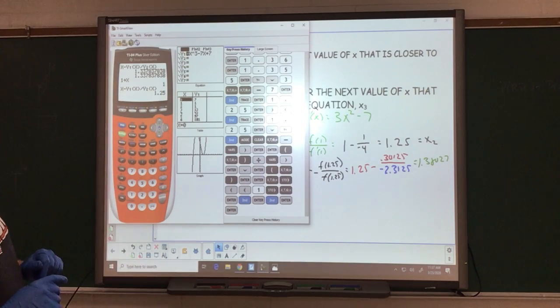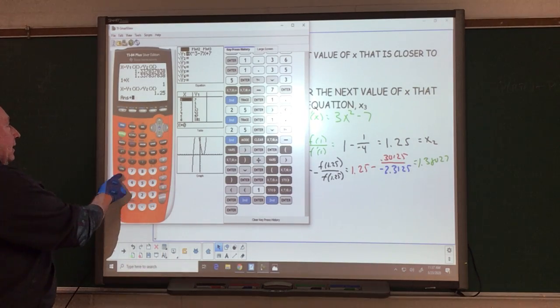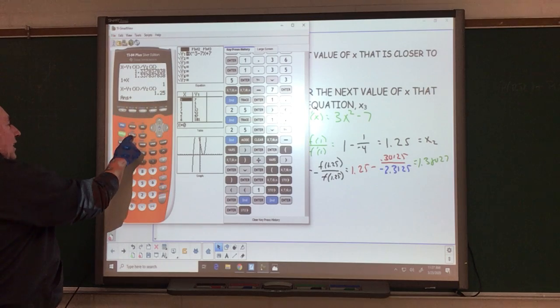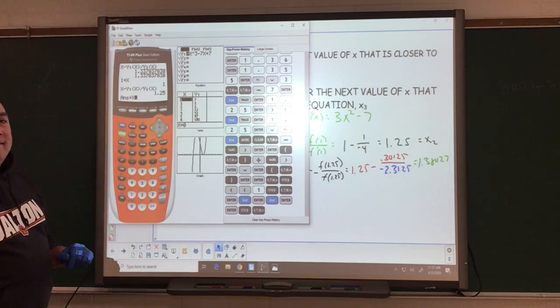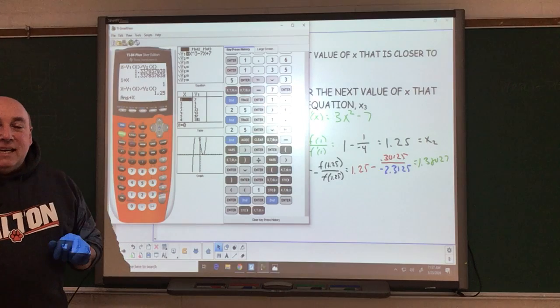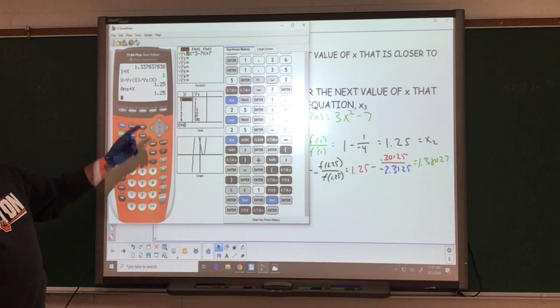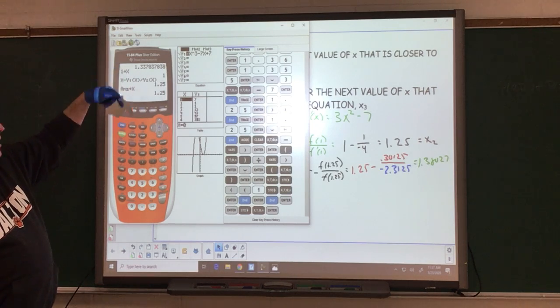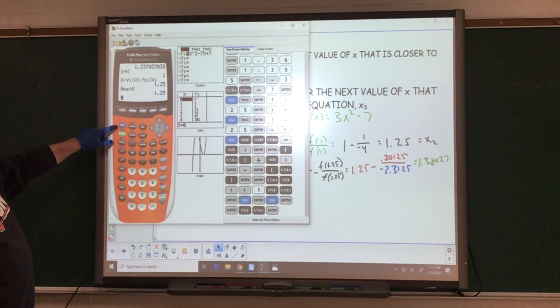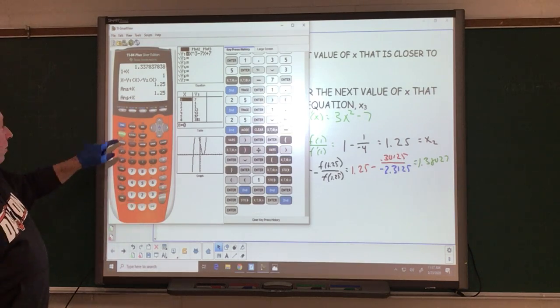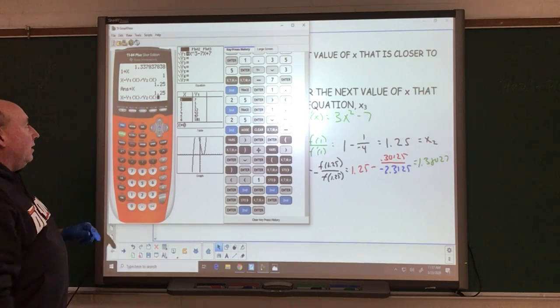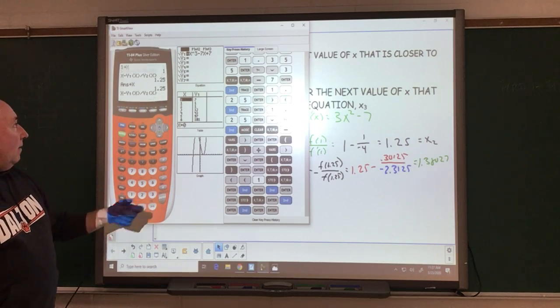What we can now do is hit our store button and then store this answer to X. Let's hit enter. Okay, now all my X values is 1.25. So I go second and entry. I don't want that one, but I want this one. I pull it back down again.